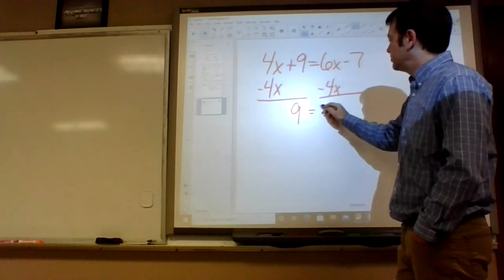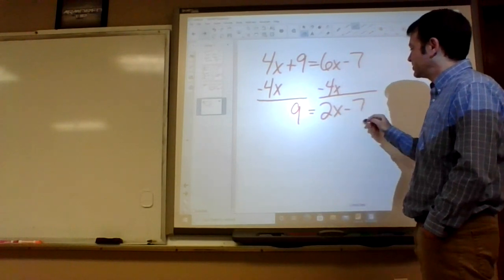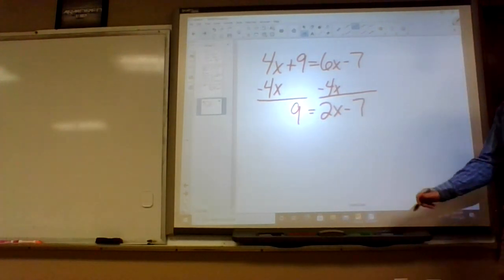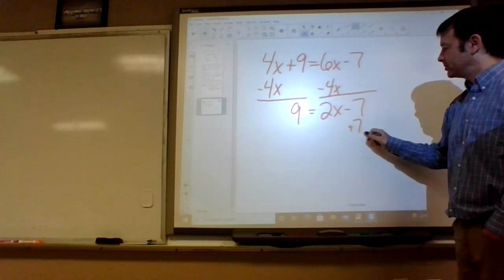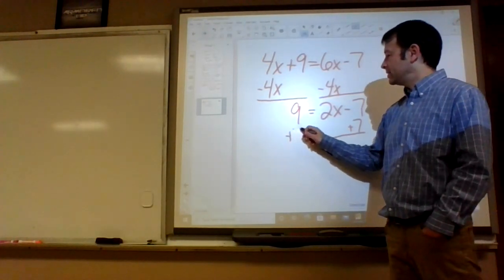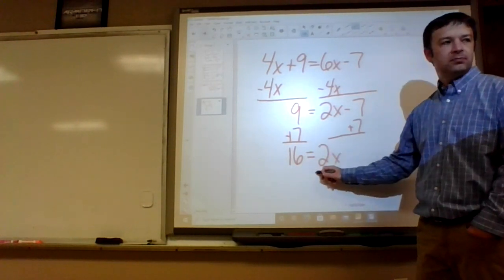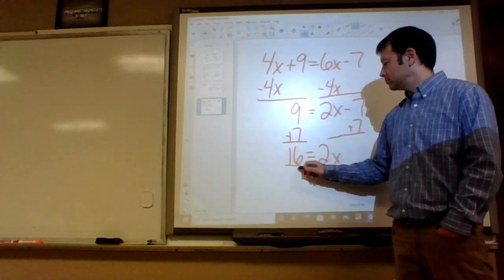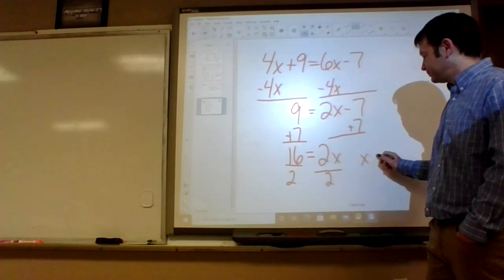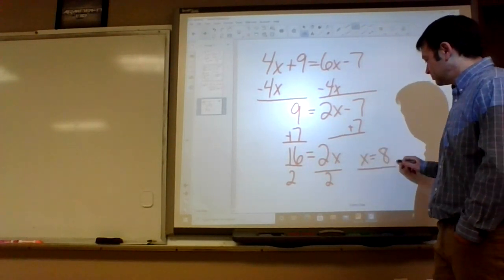So 9 equals 2x minus 7. Now we got a normal algebra problem, basic algebra. Plus 7, get the x by itself. Yeah, I subtracted 7 instead of adding 7.